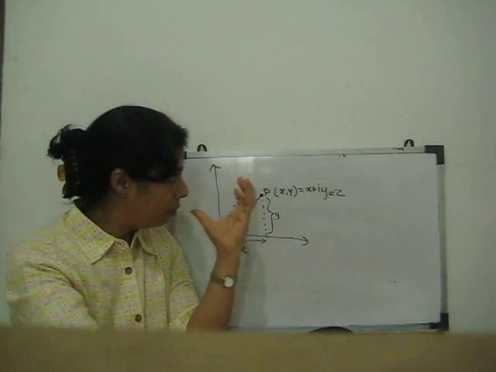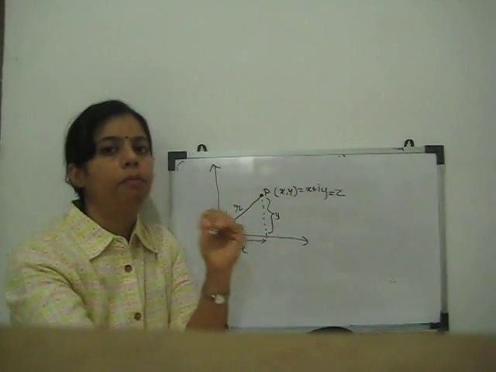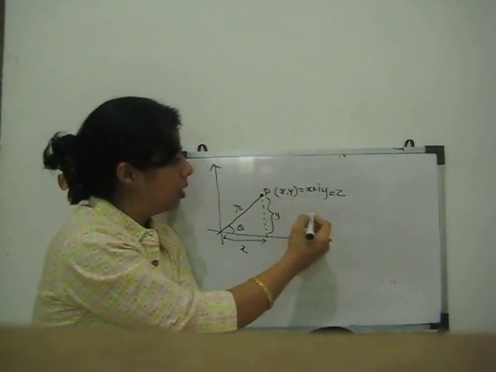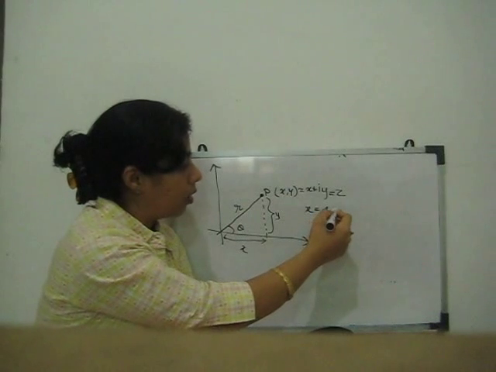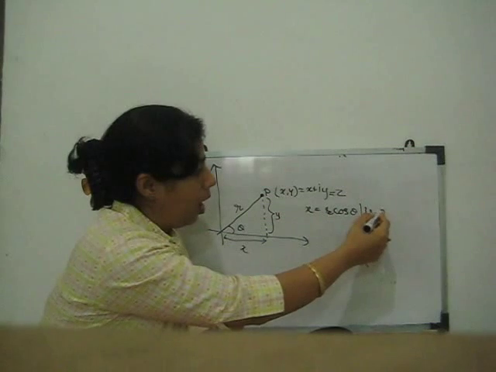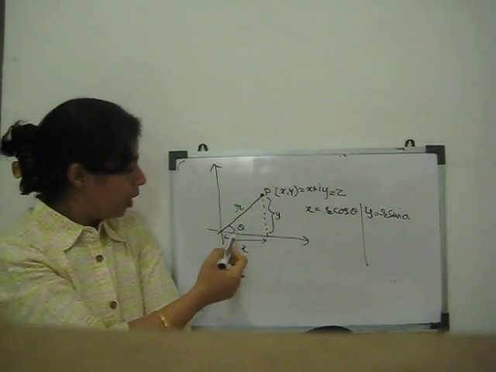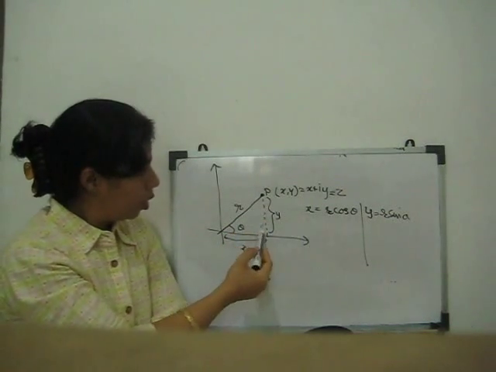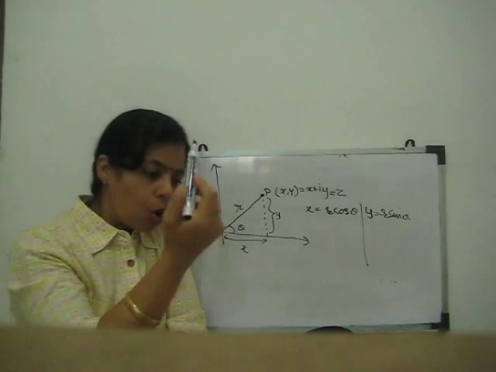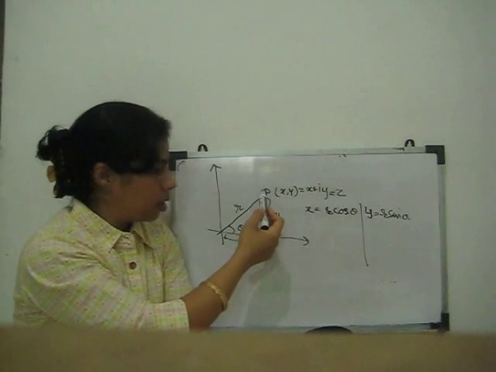Then if we want to represent this P in polar form, P in r and theta, then we transfer x is equal to r cos theta and y is equal to r sin theta. See here, cos theta is equal to base upon hypotenuse.